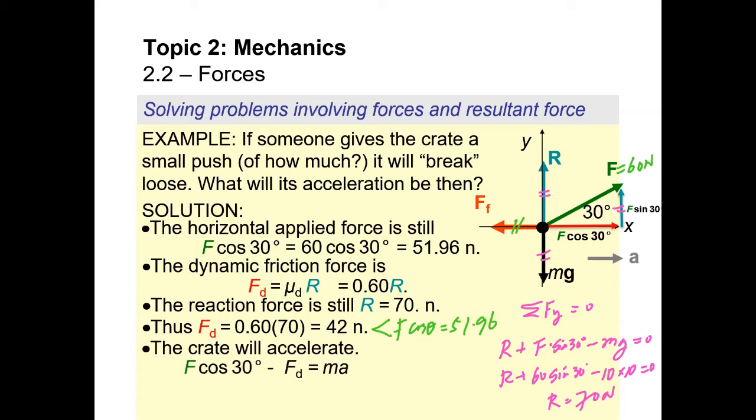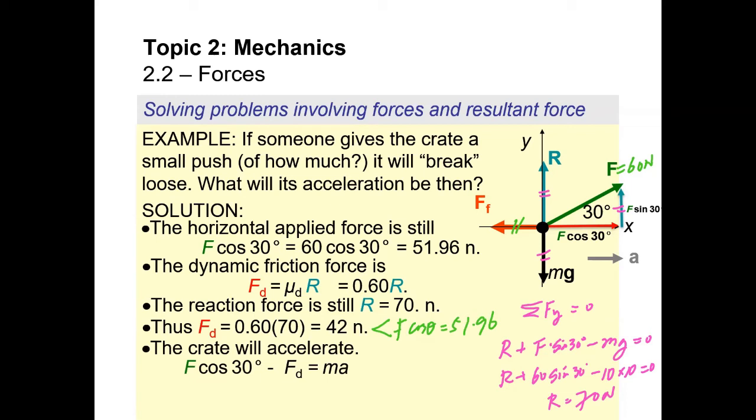Net force, the horizontal applied force F cosine 30 degrees minus the dynamic friction, equals ma, as the object is accelerating horizontally. F times cosine theta is the horizontal component of the applied force, minus the friction in the opposite direction.